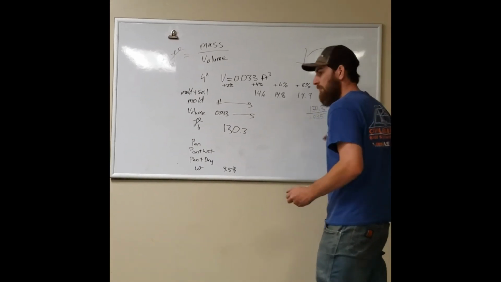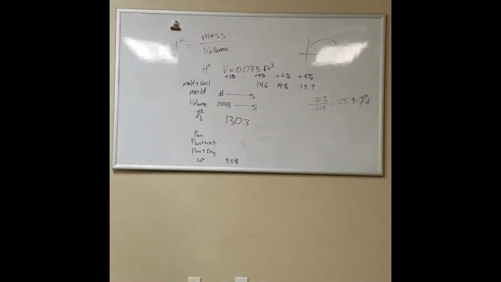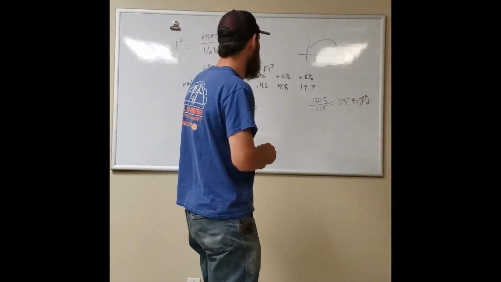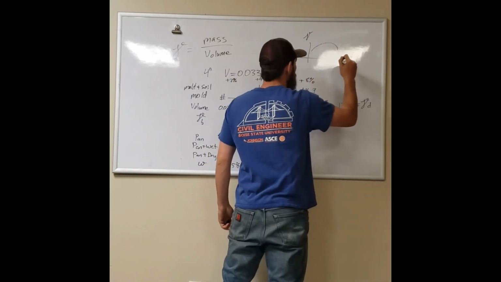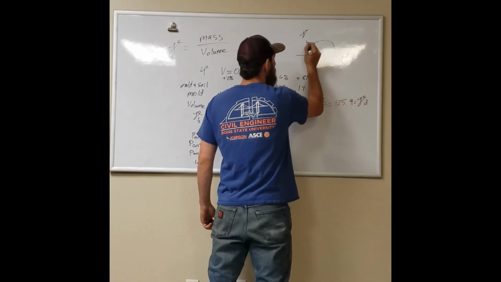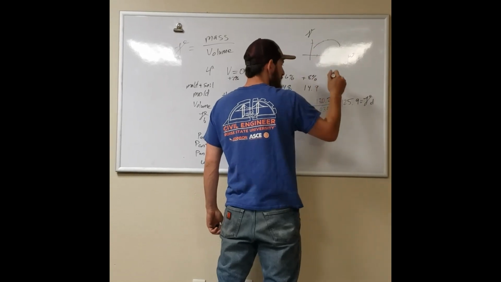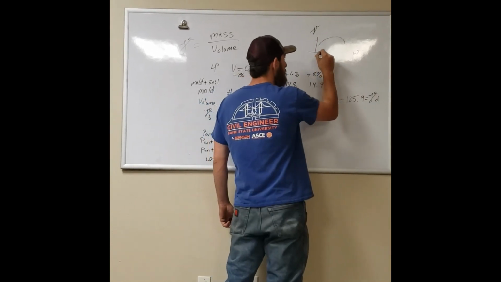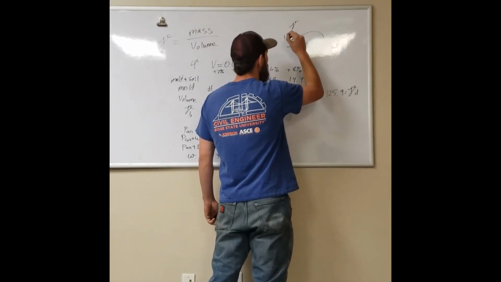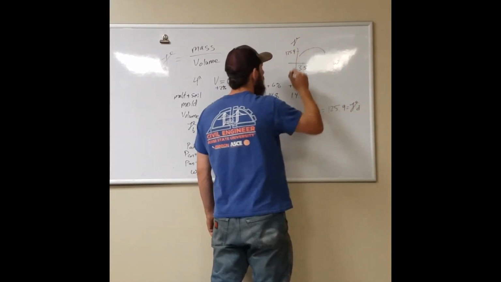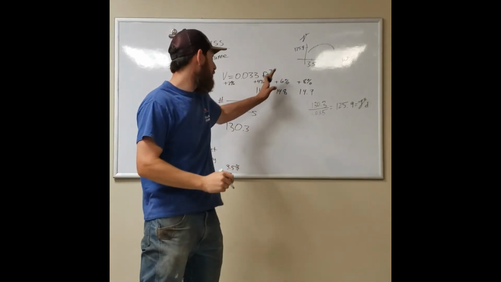And that's my dry. Now, going back to that curve, what we're actually plotting is dry density versus moisture. So this first point is going to be 3.5% at 125.9. And we're going to have to do that for each one of these trials.